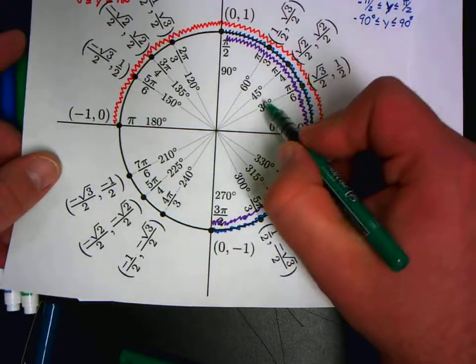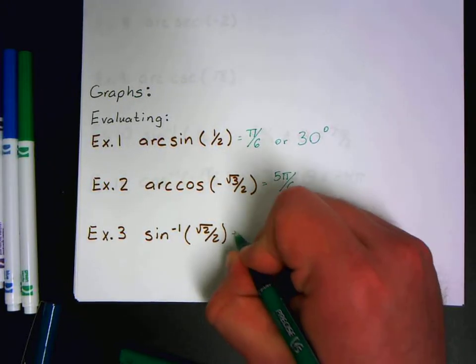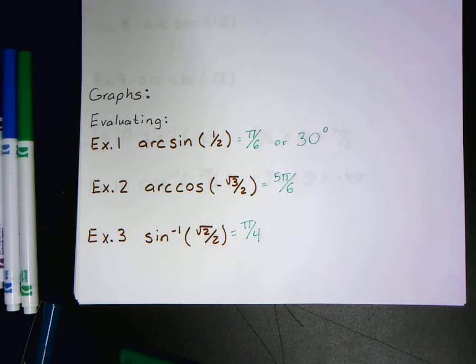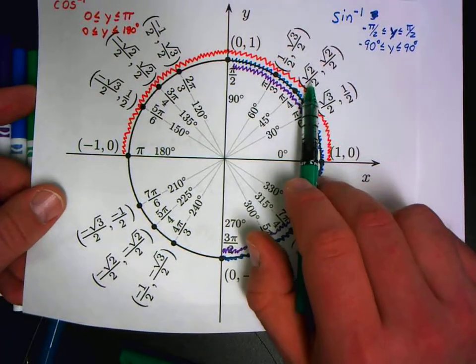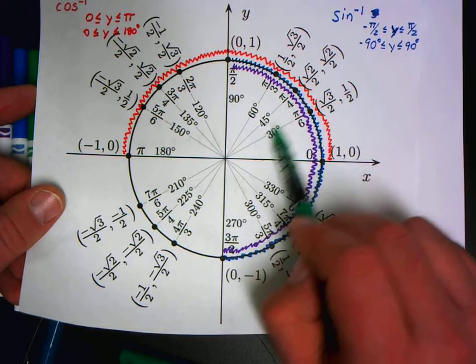Okay, sine inverse of radical 2/2 would be what? Yeah, 45 degrees or pi/4. So again, you just go back to the chart, find square root of 2/2 for the y value, and your answer is that angle.